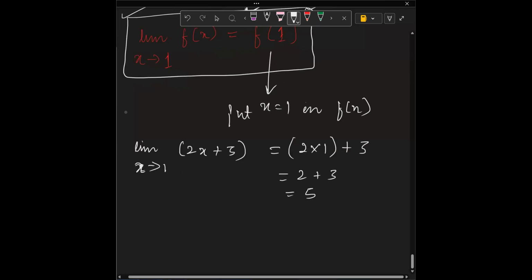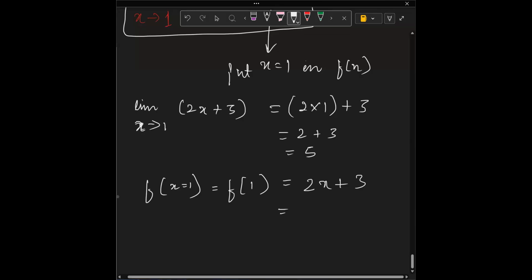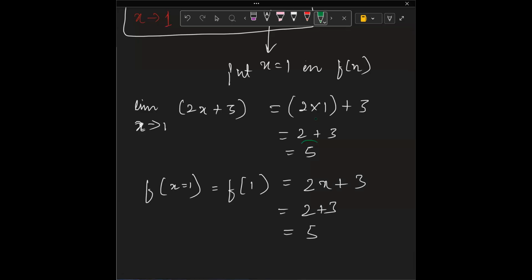Now we will see our function at x equals 1, that is f(1). Your function was 2x plus 3, and when you put x equals 1, this is 2 plus 3, that means 5. So see, your 5 and 5 are both equal.